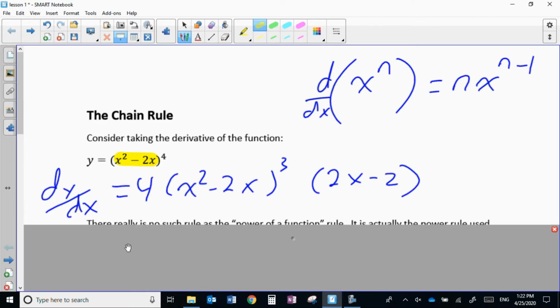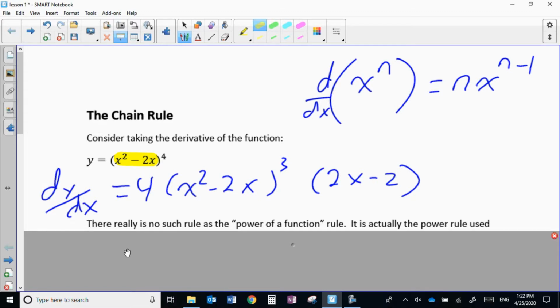Now, most people don't really refer to something as the power of a function rule. Yes, it's true, I didn't teach you something that wasn't true, but we tend to call it the chain rule. The chain rule being a more powerful rule for differentiation that basically says, look, anytime you have a rule for taking the derivative, the rule will also apply to a composite function.